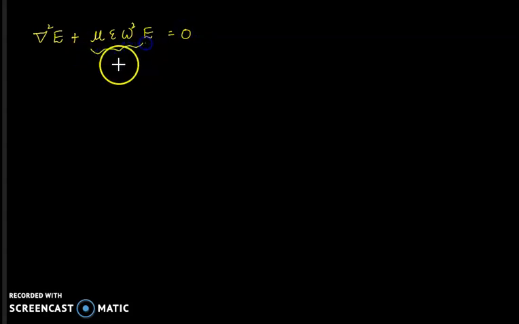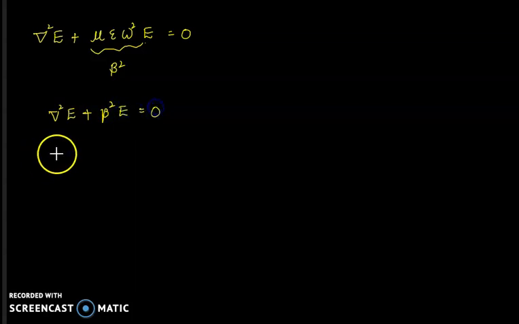Okay, now we write it again: del square E plus mu epsilon omega square E equal to 0. Let us substitute this term with beta square. So this becomes del square E plus beta square E equal to 0.